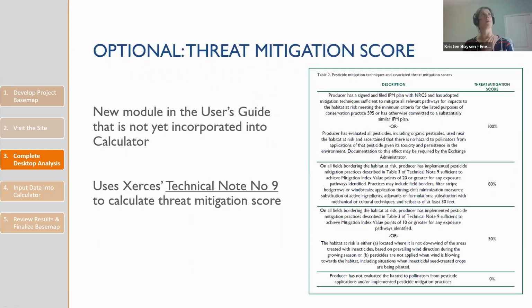When we published the Western Monarch HQT Users Guide, we included this threats module, which actually isn't part of the calculator. As you were scrolling through the Users Guide yesterday, you probably saw this table 2, which talks about threat mitigation scores based on integrated pest management strategies. This is based on Xerces technical note number 9, on how to calculate a threat mitigation score.